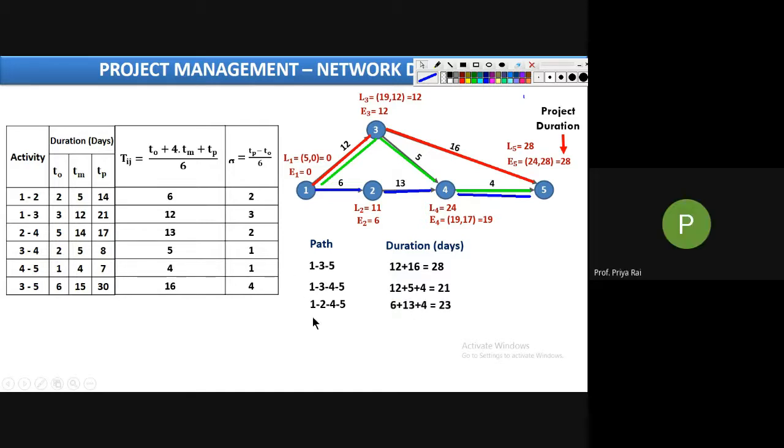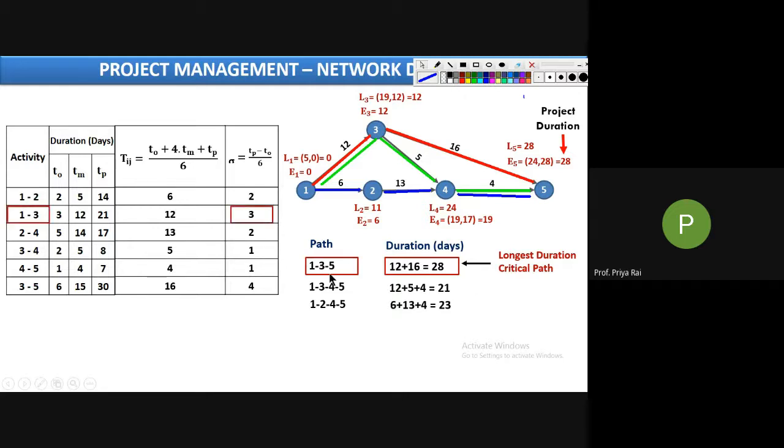Among these 3 paths, the longest is the first one, so this is your critical path. If the diagram is easy and the number of paths is small, we can find the longest duration path, and that will be considered the critical path.